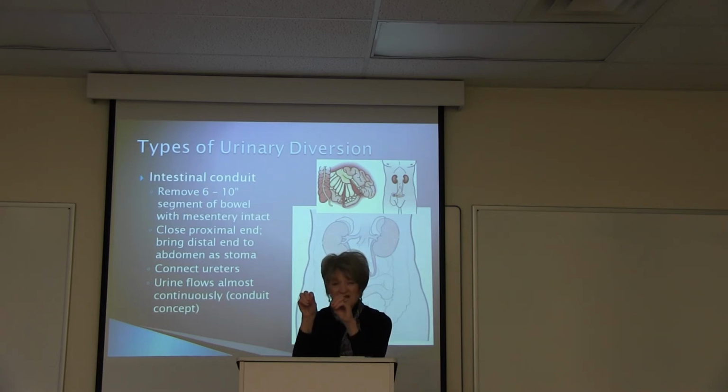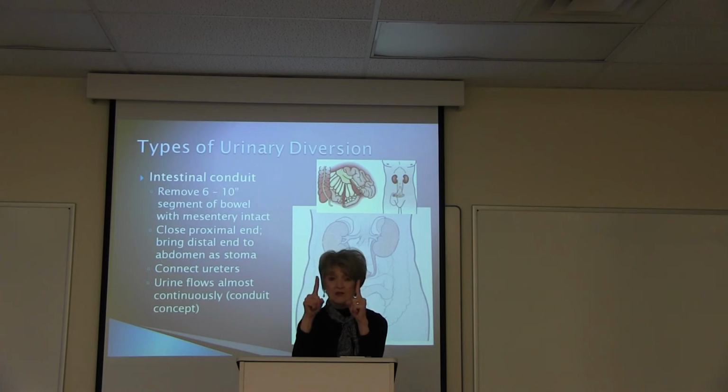instead of trying to attach the ureter to the abdominal wall, what we're going to do is take a little section of bowel, and attach the bowel to the abdominal wall because we know that ileostomy stomas do fine, colostomy stomas do fine, low incidence of stenosis, relatively low incidence of pouching problems.